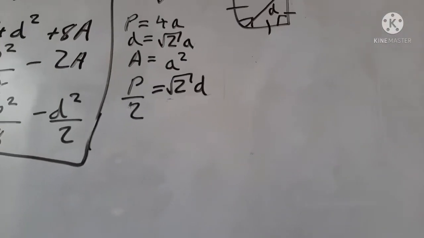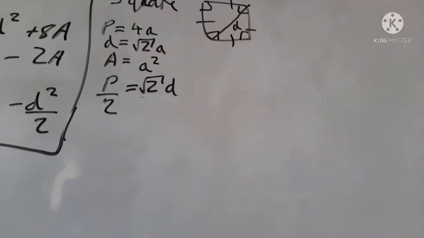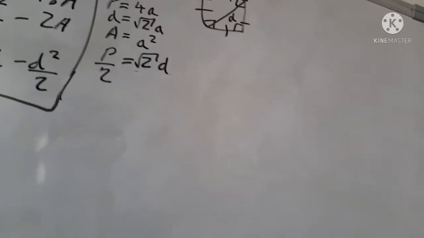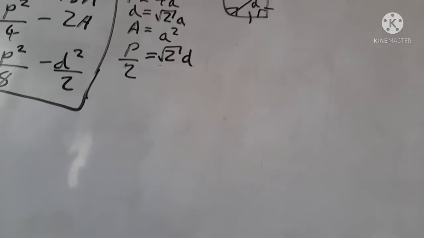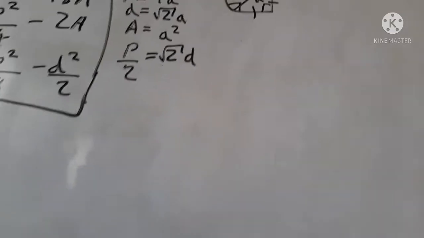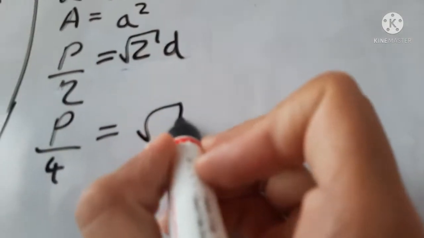Now how can we make an equation for the area? The square root of capital A is small a, and p over 4 is equal to the square root of a.